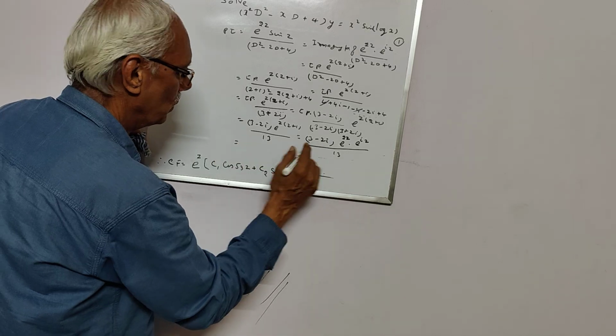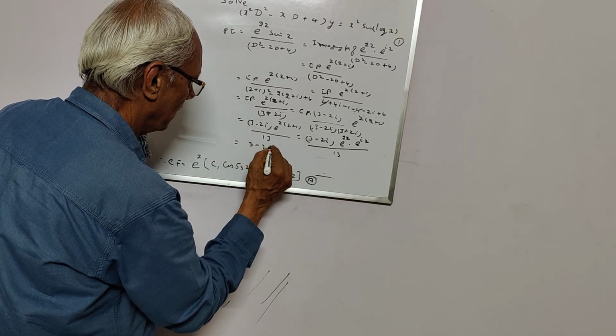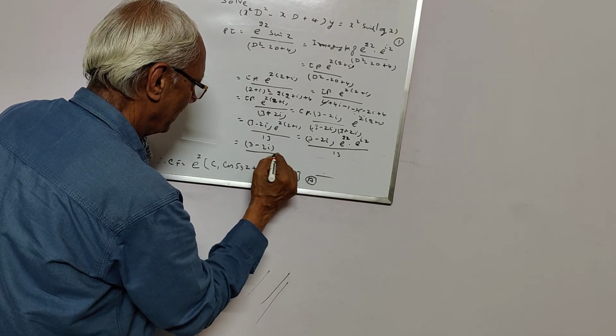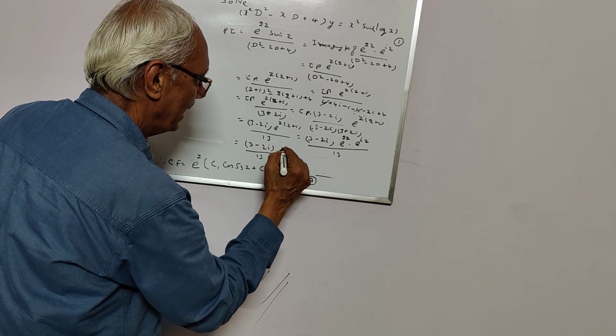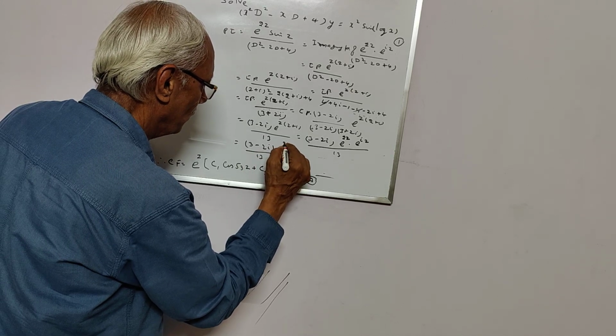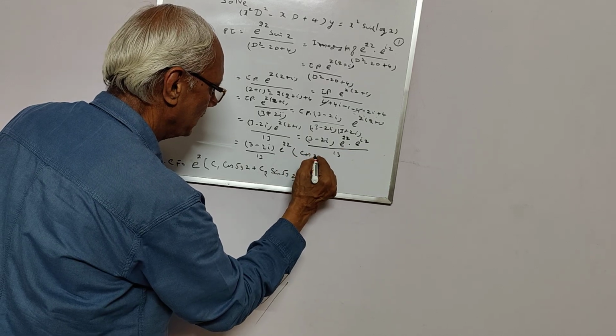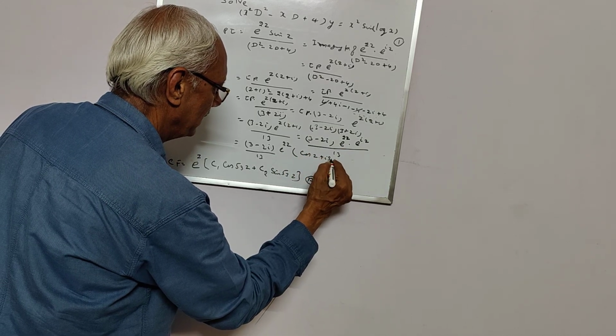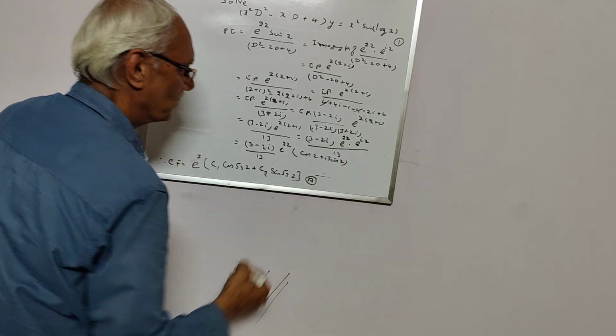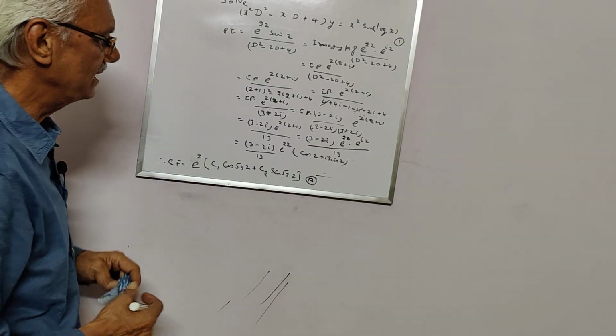So this will be equal to 3 minus 2i divided by 13, and I will write this as e to the power of 2z within brackets cos z plus i sin z.